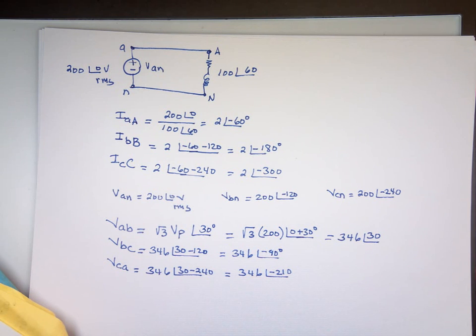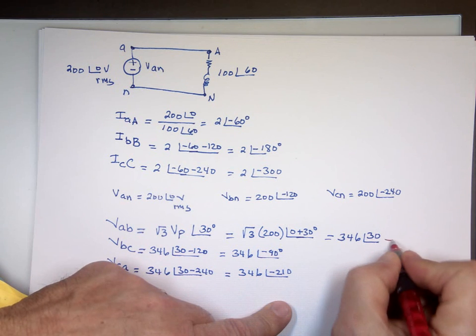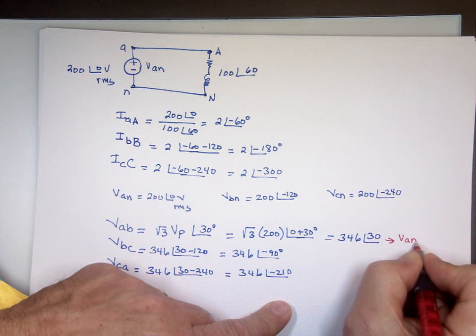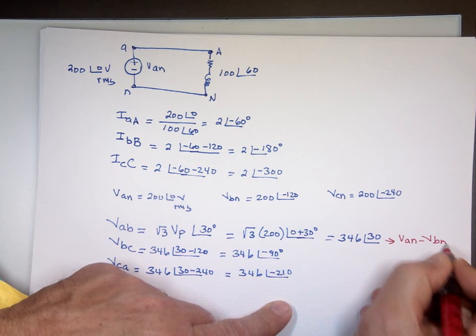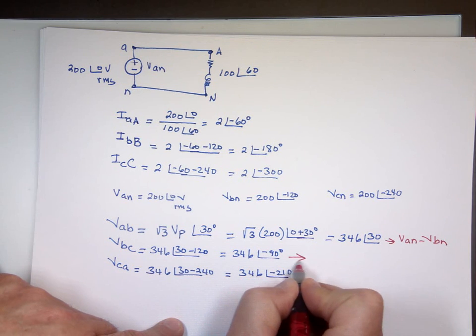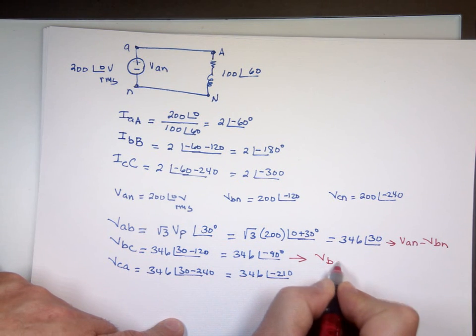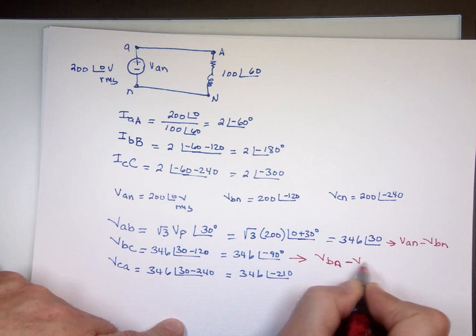So if they're not balanced, you have to do VAN minus VBN. You have to do VBN minus VCN.